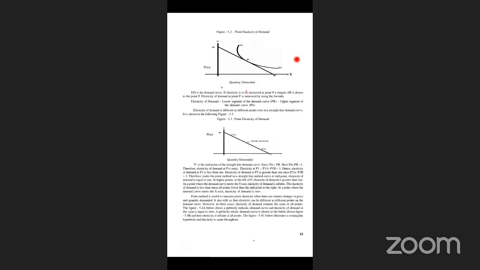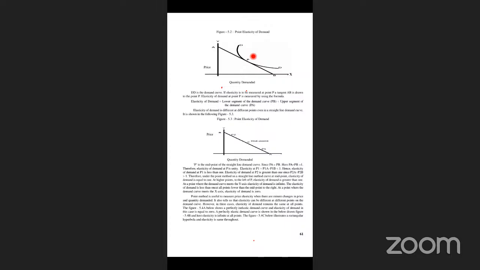The demand is curved. DD is the demand curve. This demand curve is measured at point P. This is called a tangent.